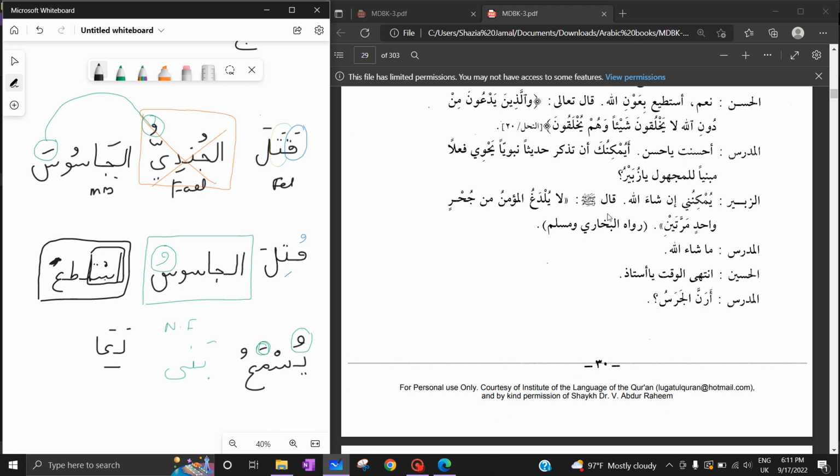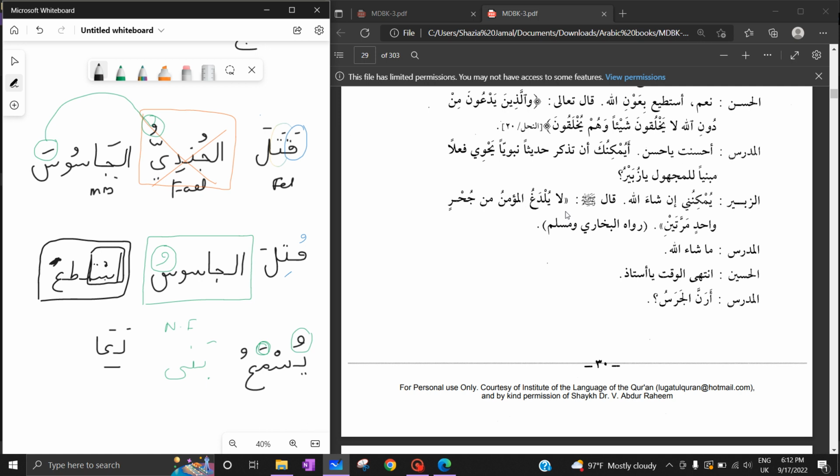Qala sallallahu alaihi wasallam, la yuldagu means to get stung, al-mu'min min juhrin, juhr means hole, wahidin marratain. It means that al-mu'min, the Muslim, should not be stung from the same hole twice.